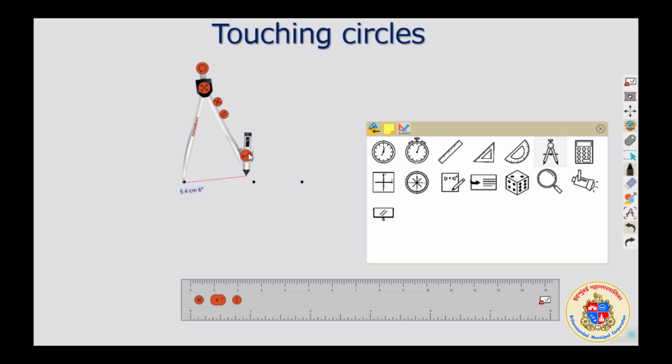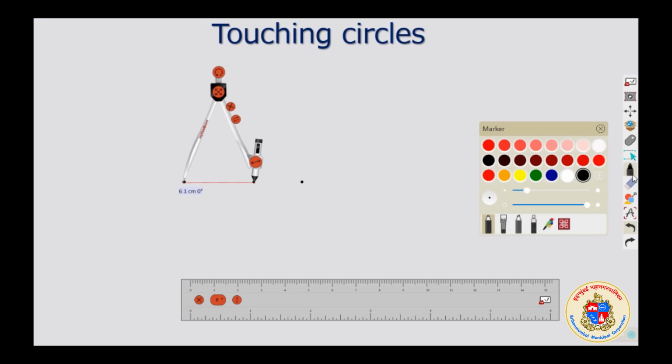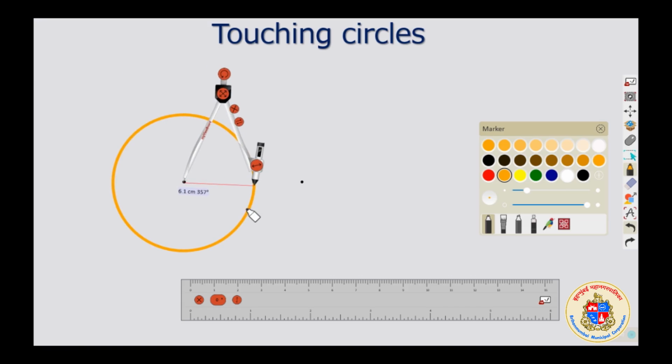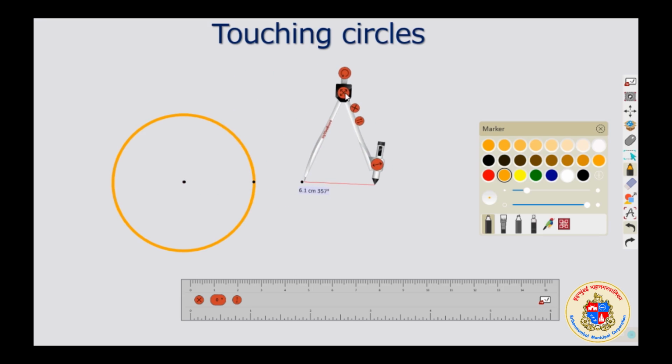In order to see the circles clearly and differentiate them, let me change the color. Okay, here is one circle which is drawn, and another circle I am drawing by keeping the compass here and taking the distance between the second and third point as radius, like this.